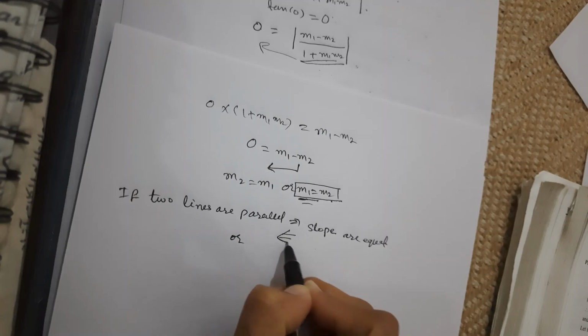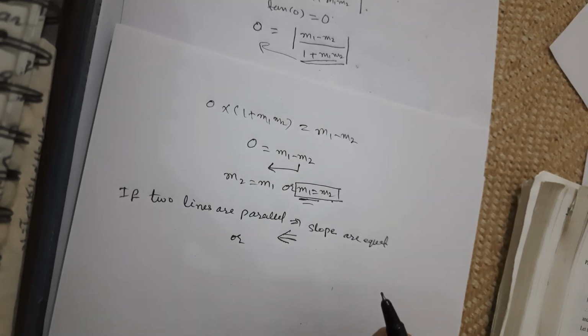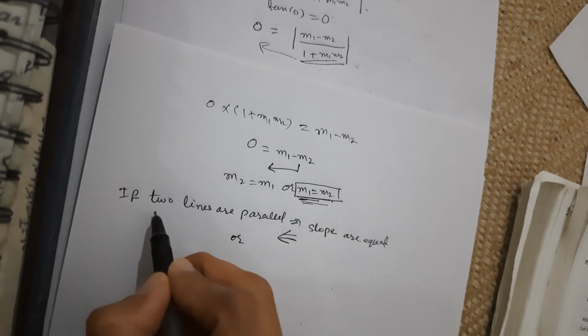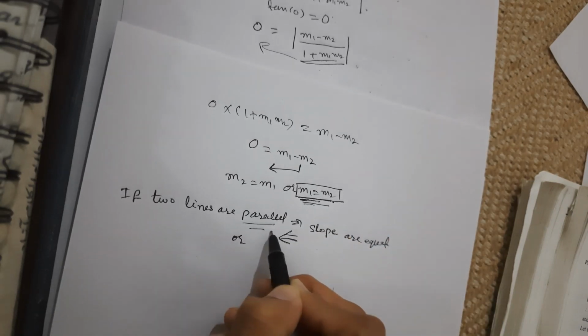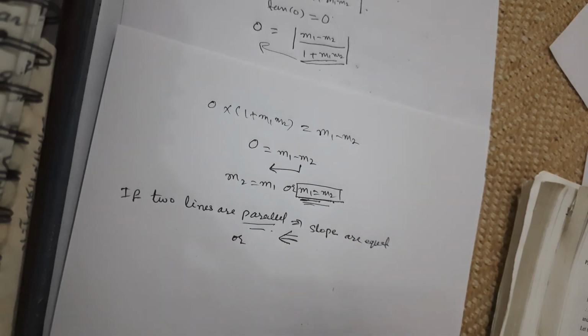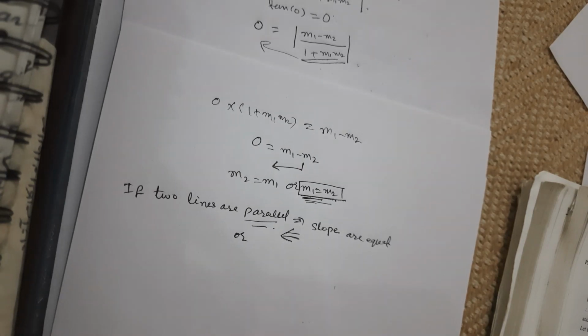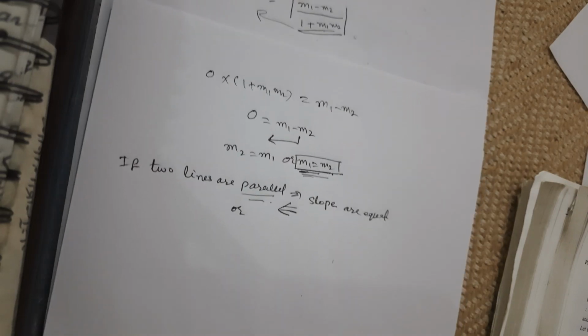Its converse is also true. If the slopes of two lines are equal, then the two lines are always going to be parallel, and if two lines are given parallel, then their slopes are going to be equal. Clear?